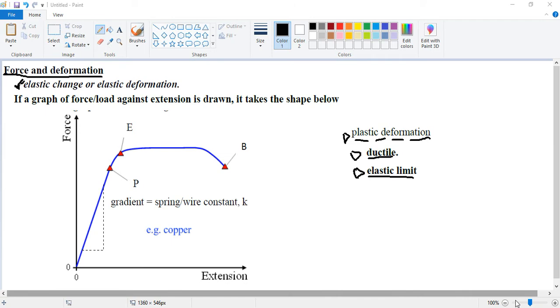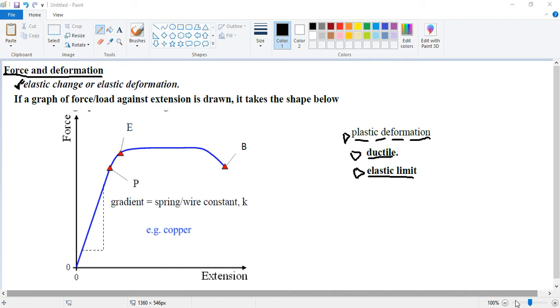However, if a very great force is used on the material, even if you remove the force, the material may not go back to its original length. What has happened to the material? We say the material has been deformed plastically. So there's a difference between elastic deformation and plastic deformation.